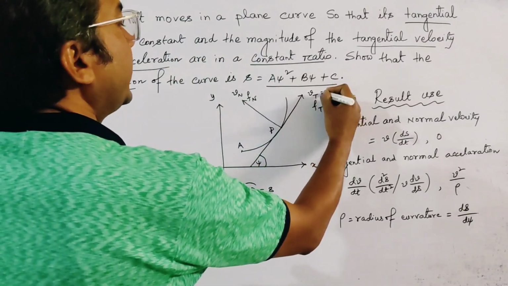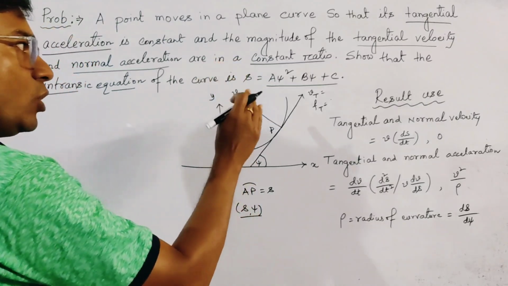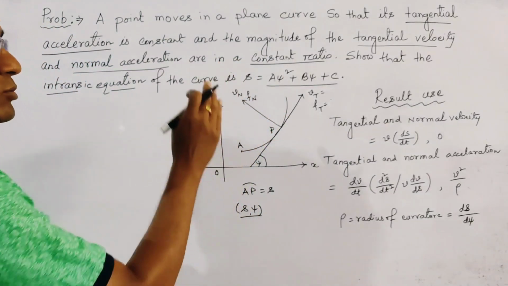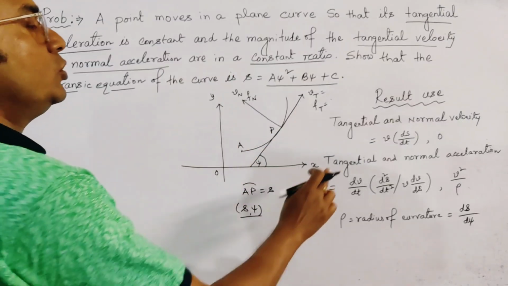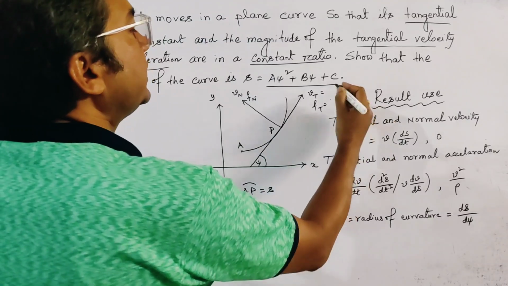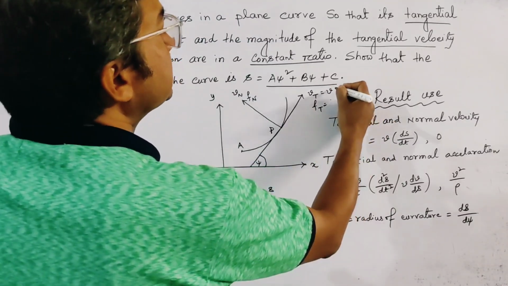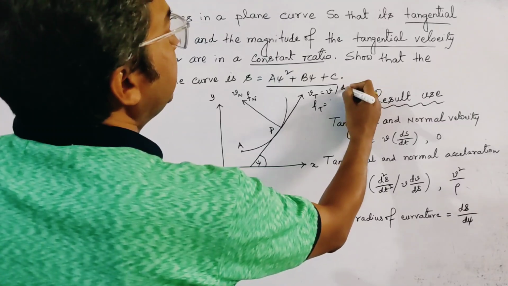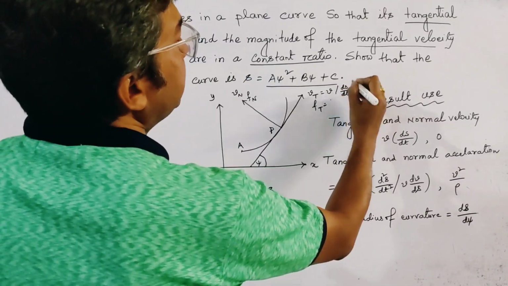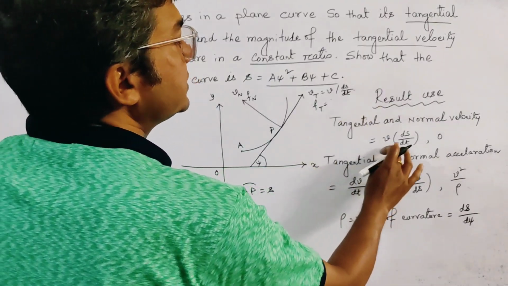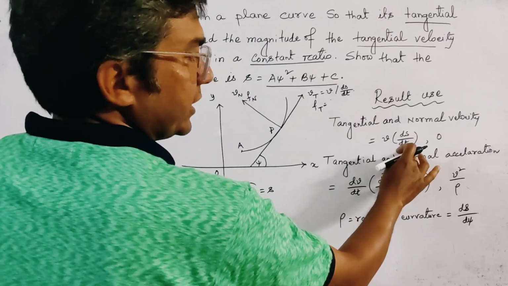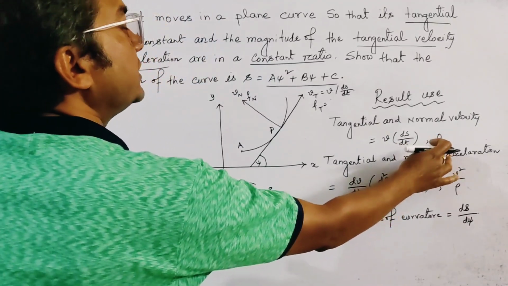Now we write the values of these four quantities. We know that the tangential velocity is V, or it is also given by ds/dt, and normal velocity is 0.